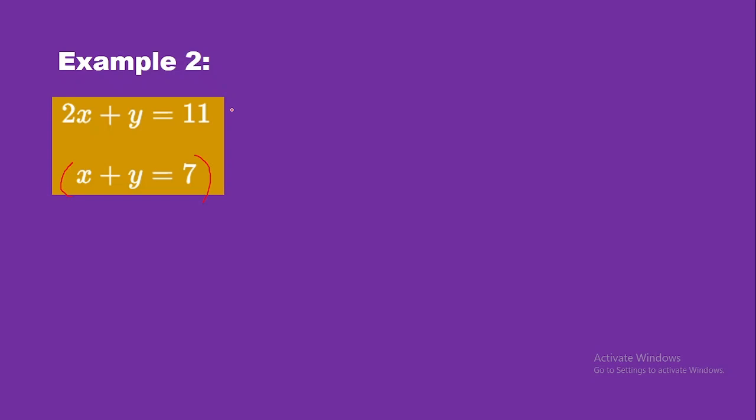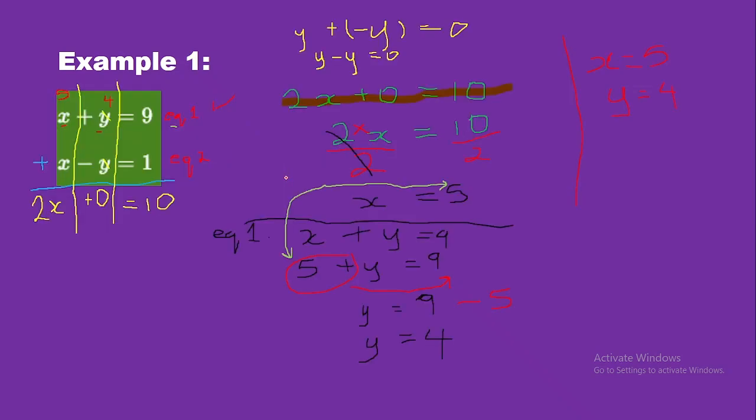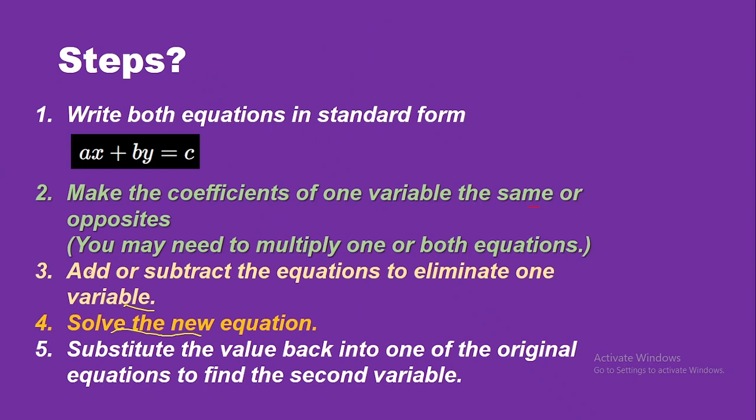Yes, I know that we could subtract to easily get our answer as well. In this equation right here, you could subtract, because remember, for step 3 you could add or you could subtract to eliminate one of the variables.